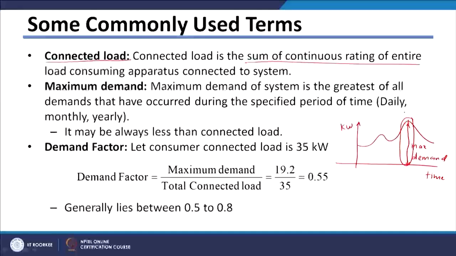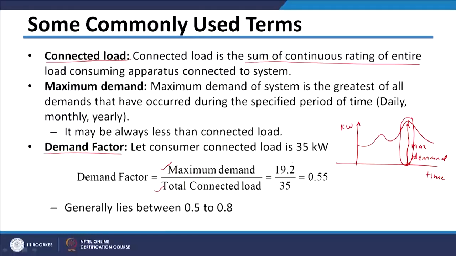So that's why maximum demand will always be lesser than connected load, and that is defined by the demand factor. Demand factor is defined as the ratio of maximum demand divided by total connected load. As total connected load will always be more than maximum demand, the demand factor will be lesser than 1.